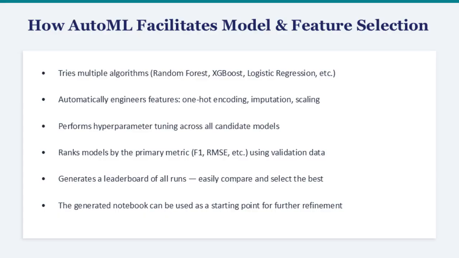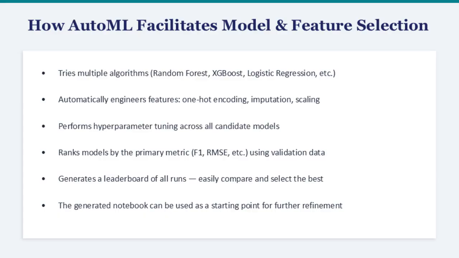Then it ranks every model by the primary metric, F1 score for classification, RMSE for regression, or whatever you specified, using the validation data. The result is a leaderboard showing all the runs sorted by performance. You can instantly see which algorithm and which hyperparameter combination performed the best.